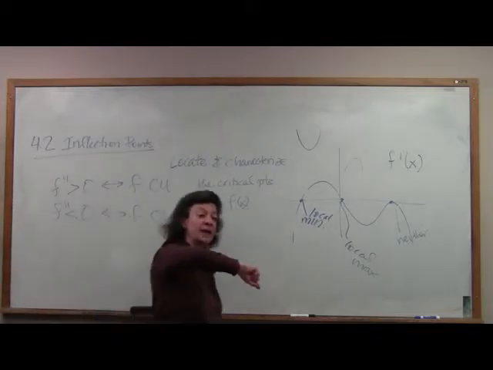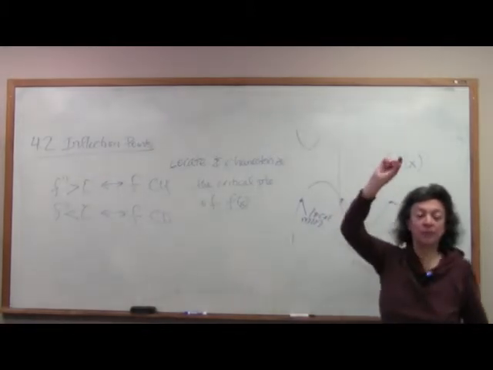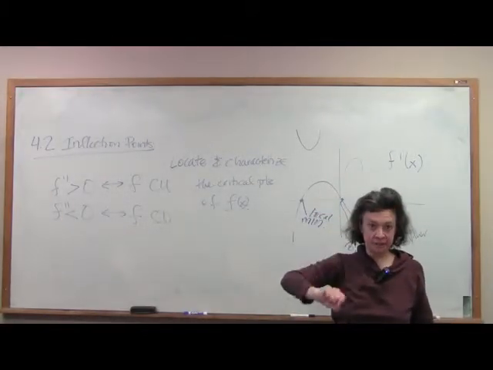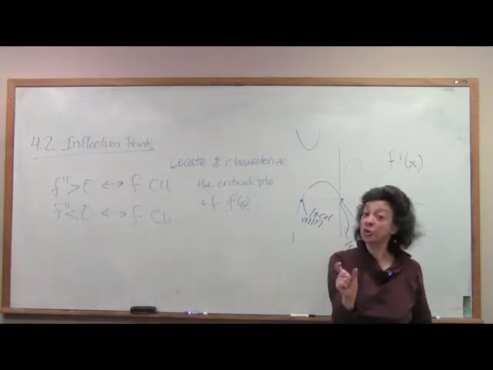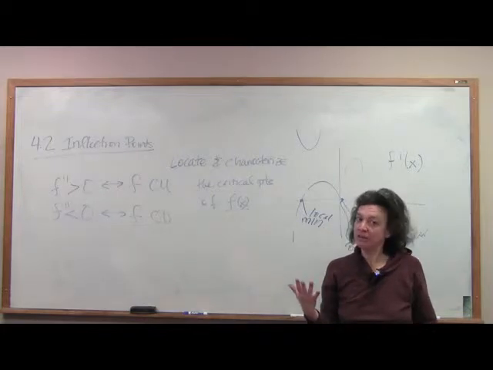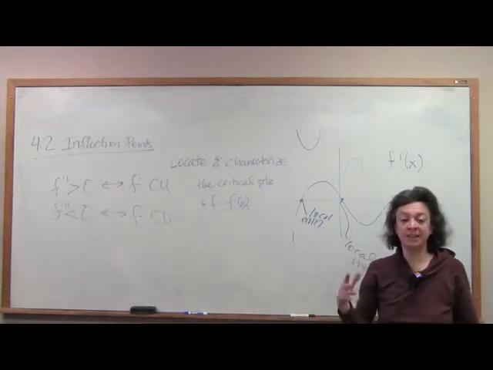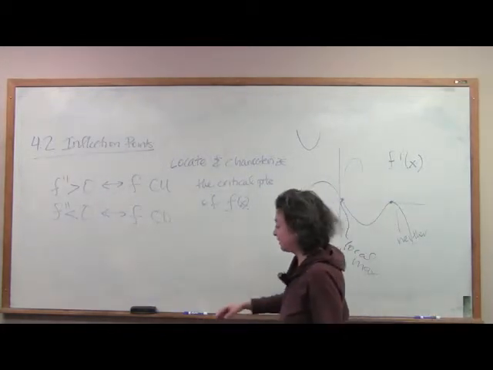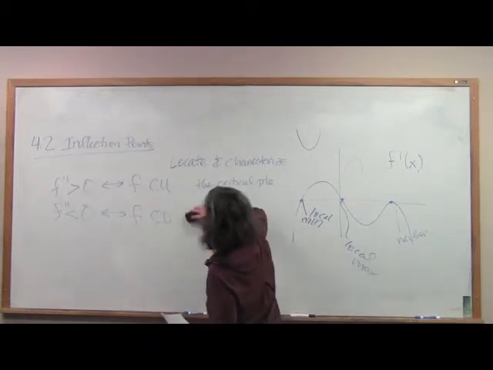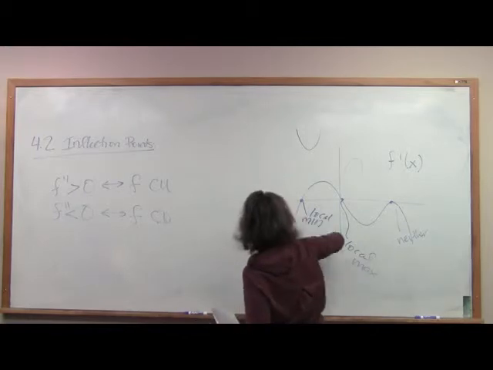So, just like we had a name for the points where our function was changing from increasing to decreasing or decreasing to increasing, our critical points, we have a name for the points where our function changes concavity. In other words, changes from concave up to concave down. And those are what we call inflection points.